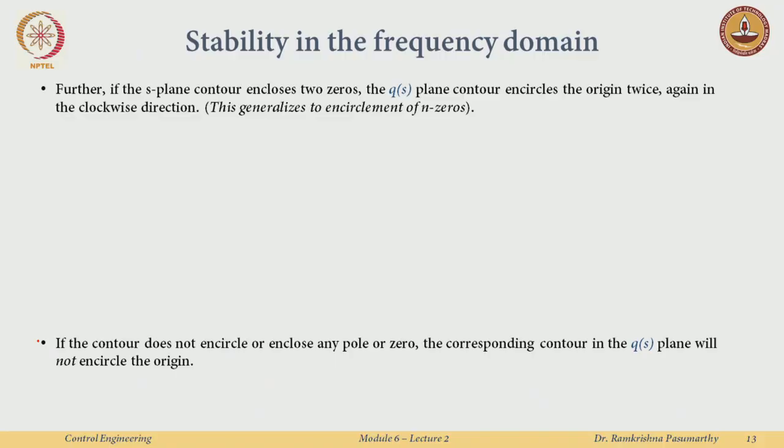Okay, so what happens when my contour encloses 2 zeros? Let me draw this. Say there is a 0 here, there is a 0 here, and I just go around this. So this is my S plane, with sigma and j omega.